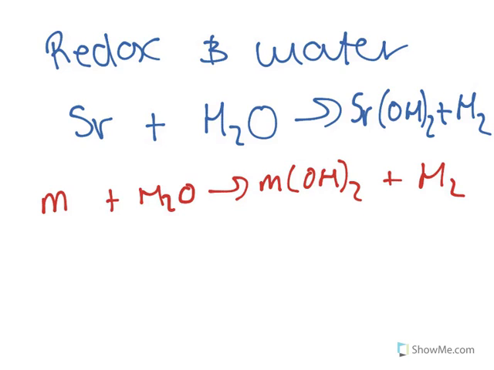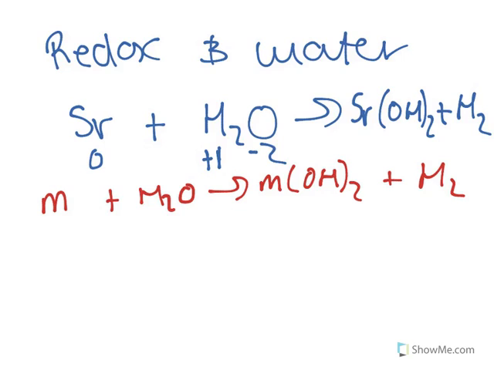So what happens here is, again, we can look at the redox reaction. So strontium 0, H2O, the hydrogen is plus 1. Remember, you only take into account the number of one hydrogen, but then the oxygen is minus 2.